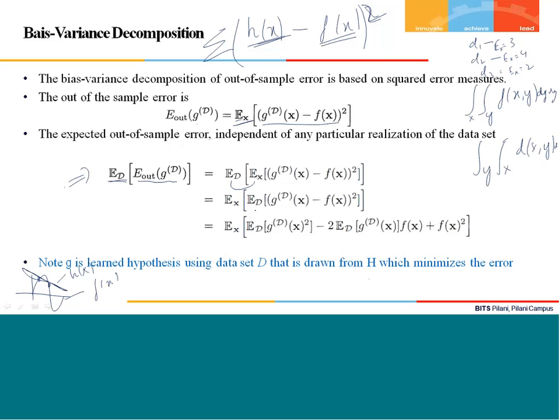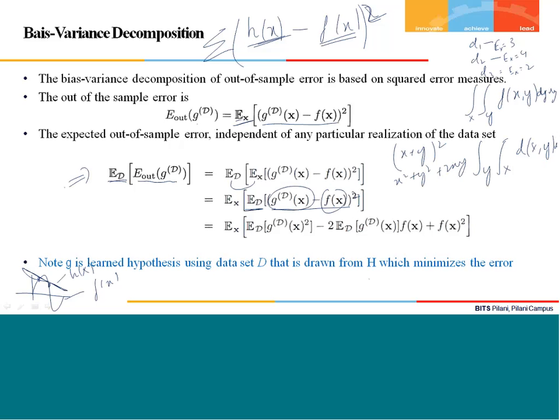Now this is the expected value for the data, and this is the expression. Because this is a square, it is the (x plus y) square formula. I open it: x square plus y square plus 2xy. So this is the first term, this is the second term, and this is the square of it.